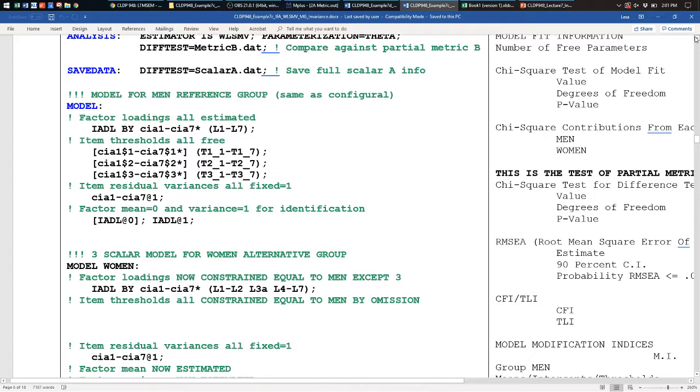But I have to define the factor. The thresholds, though, if I want to make them all the same, I take them away. So this is a full scalar invariance model by absence of anything here. Because if you don't put anything, it just borrows what it is from the model.